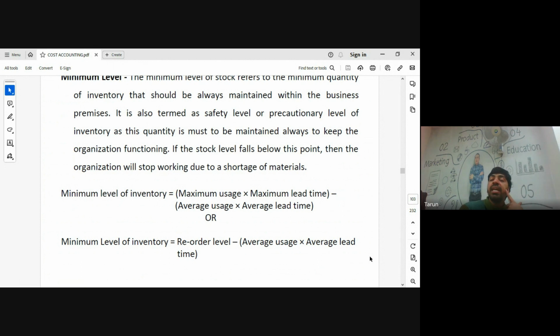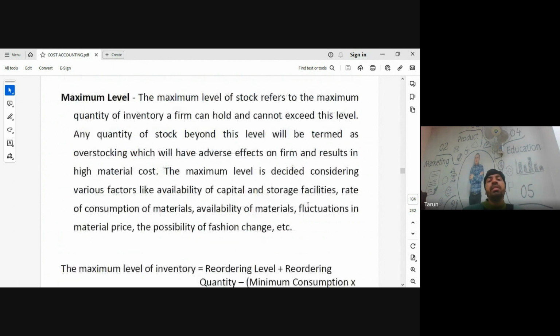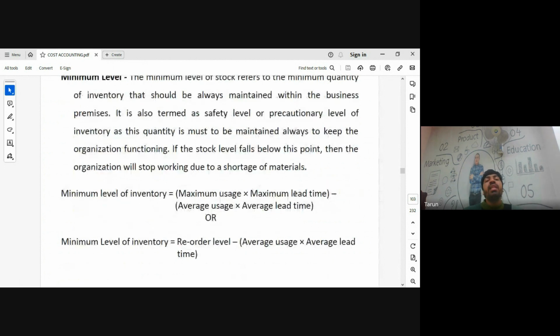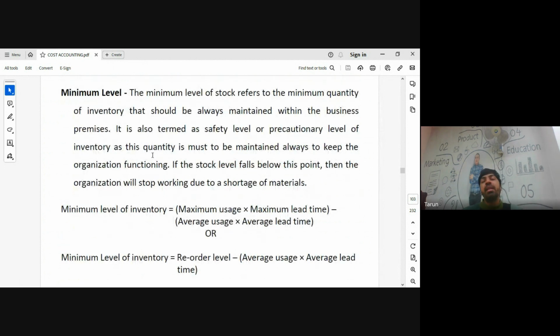But before that, the reorder level has to be estimated, and the reorder level is also estimated by another formula: maximum usage of material into maximum lead time, minus average usage of that material into average lead time. So this is the maximum level. Before that, you have learned what the minimum level is.